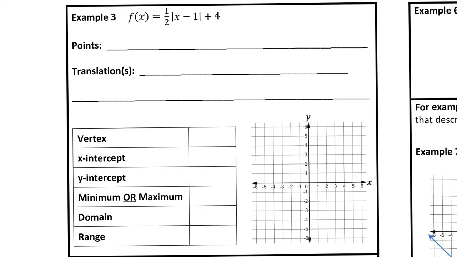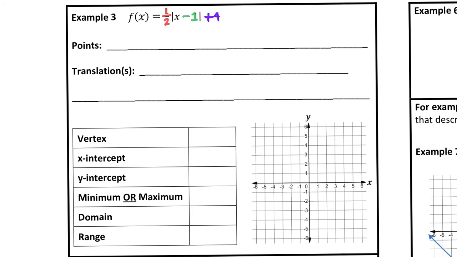Okay, so here, again, we're going to break down the transformations. So I see that there's a 1/2 outside being multiplied, right? There's a -1 inside. There's a +4 outside.